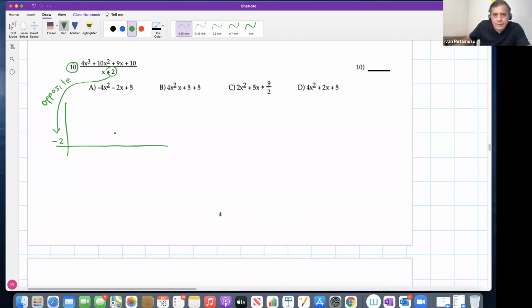And here we work with these coefficients: 4 here, +10 here, +9 here, +10 here. It's the complete polynomial, right? So go ahead and start by bringing this down and multiplying. Very good. I think students figured this out already.